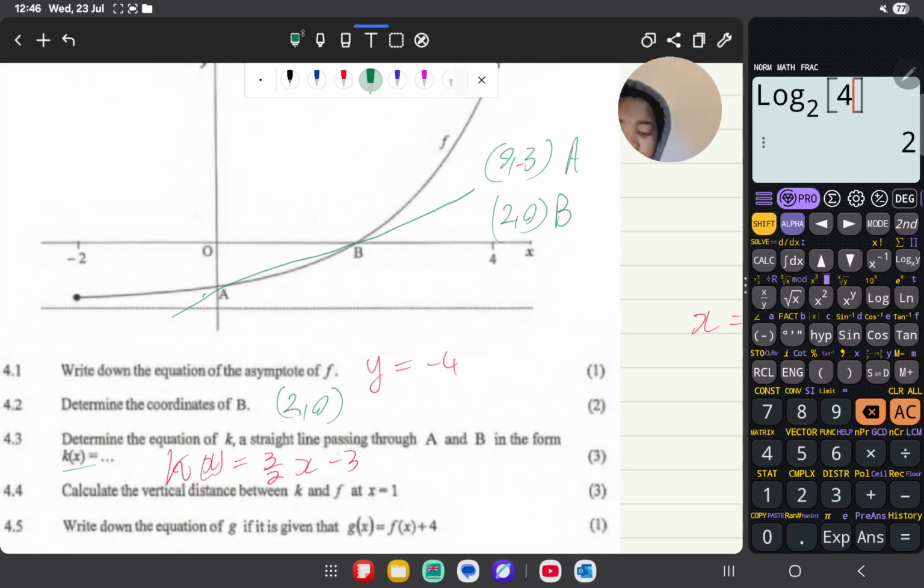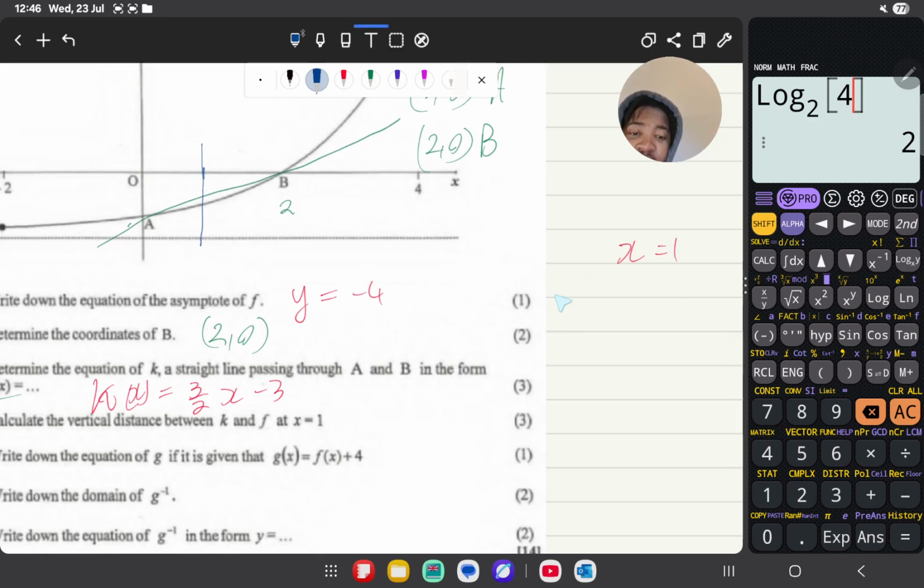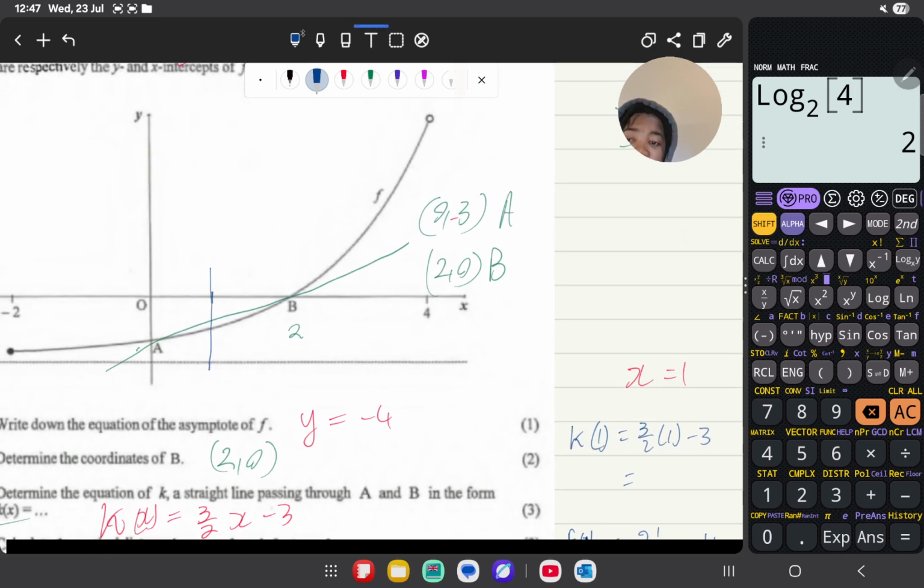So the vertical line at x equals 1, remember this is 2, so x equals 1 is going to be somewhere here. So that vertical line is going to be something like this. We see that the straight line is the one above. So we start with the straight line and say k of 1 is going to be 3 over 2 times 1, minus 3. And then for f of 1, it's going to be 2 to the power of 1 minus 4, right?